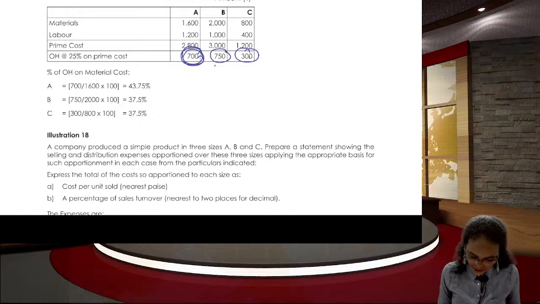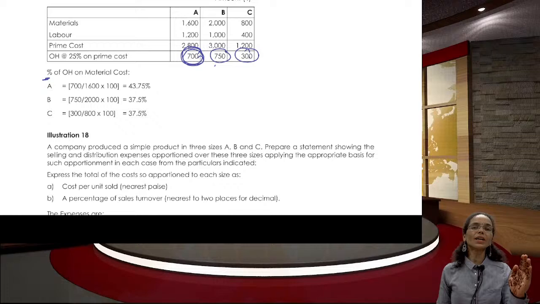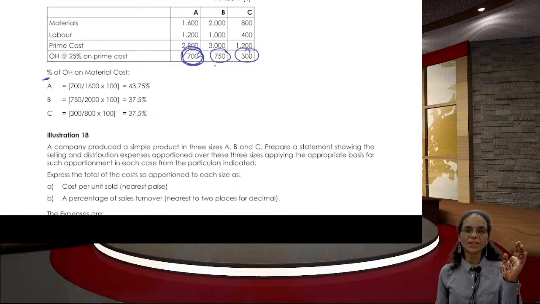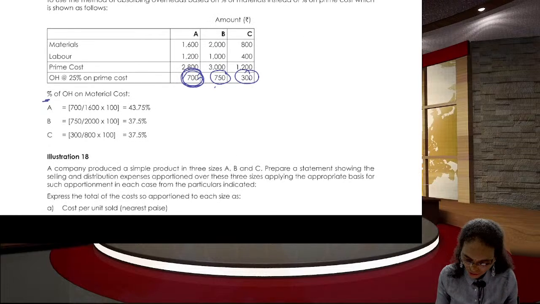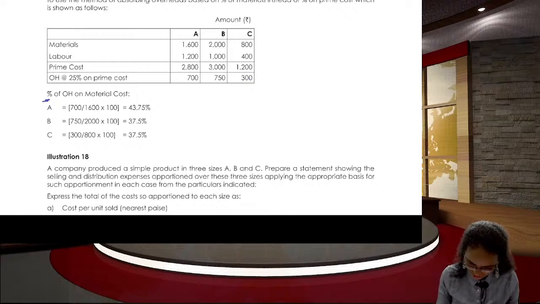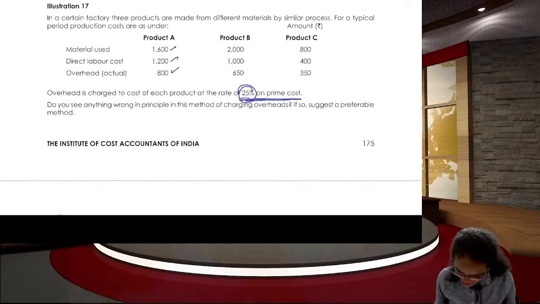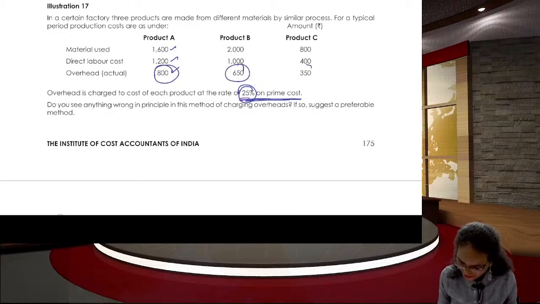See, when different kinds of materials are used, if it is material oriented, then you charge as a percentage of the material. So how? Come here. What is the expenditure incurred here? Overheads. Actual overheads are 800 rupees.